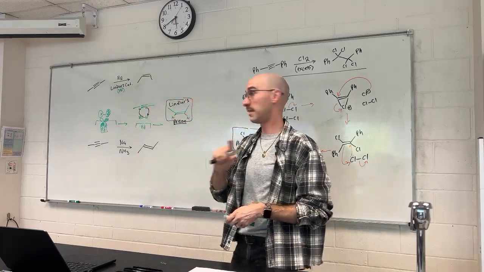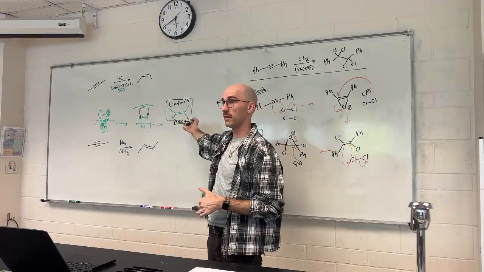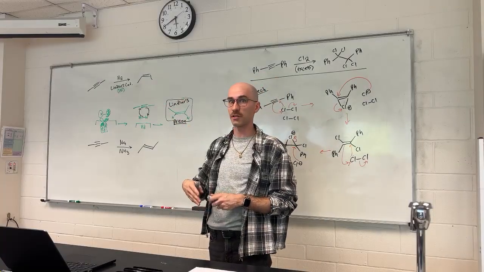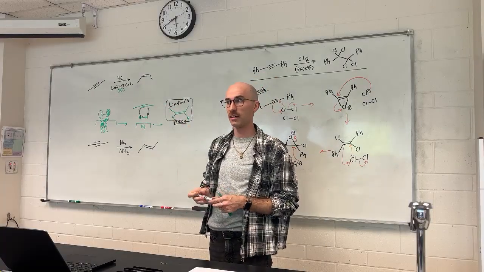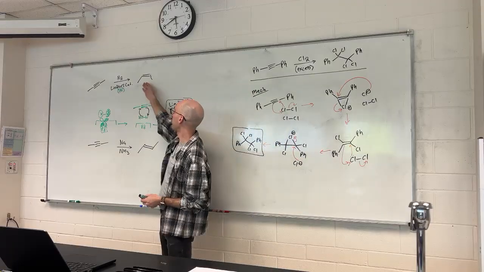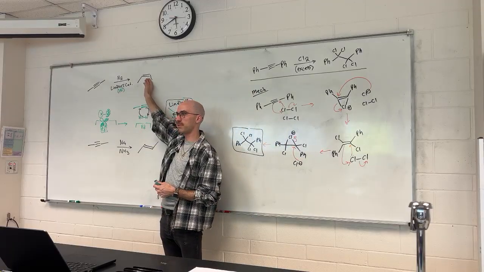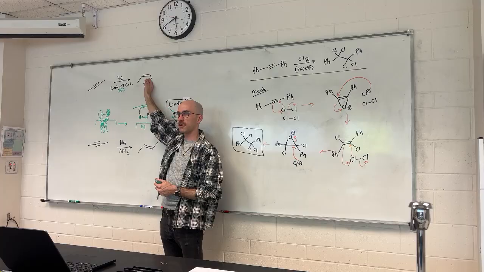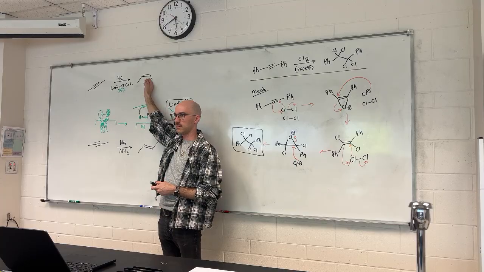So the mechanism must be different because the stereochemistry of the resulting alkene is very different. Was it obvious where the hydrogens came from up above? How did those hydrogens get onto those carbons? They came from H2.